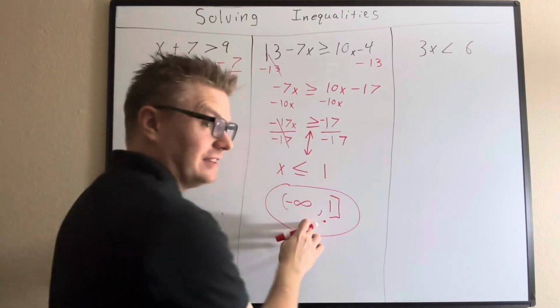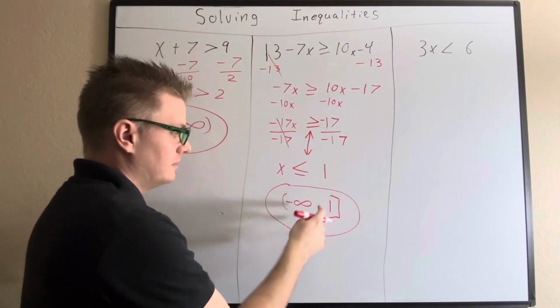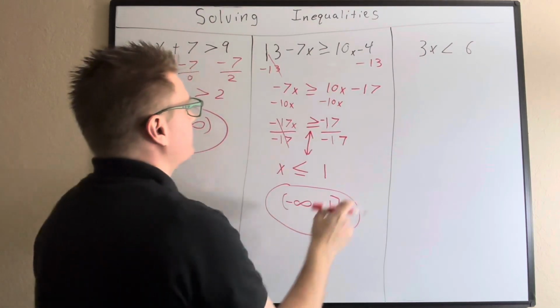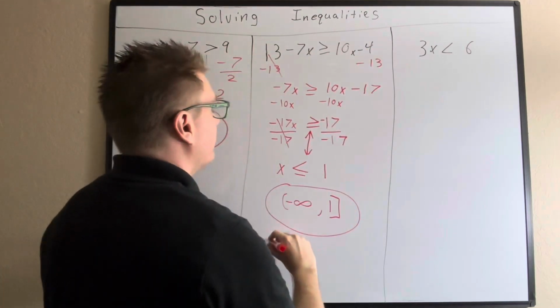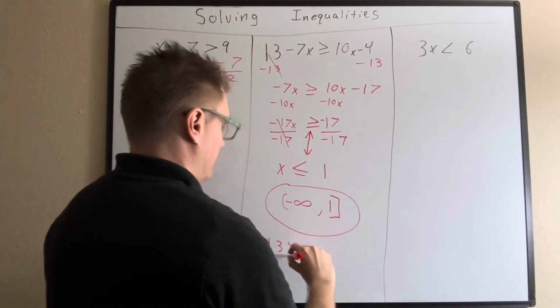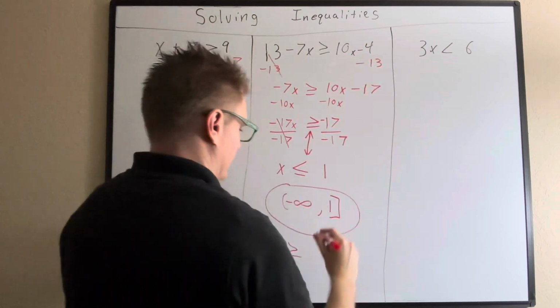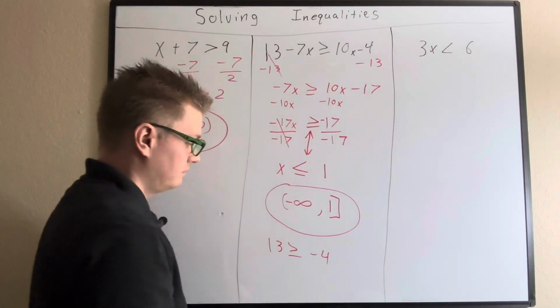And you want to put this to the test, see if it actually works. What if we plugged in 0? Because that's less than 1, so 0 should work. 13 minus 0 is 13, greater than or equal to 10 times 0 minus 4, which is negative 4. Yes, 13 is greater than or equal to negative 4.